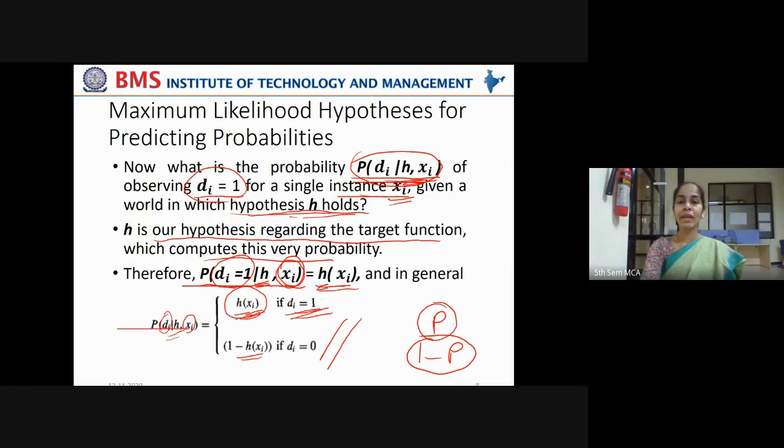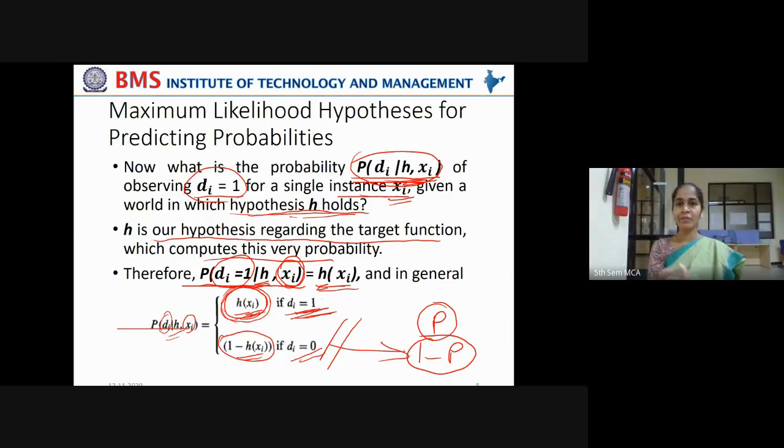In the same way, when that patient is surviving, meaning the outcome is 1, then it is according to the hypothesis h of xi. The training example is according to the hypothesis. So it is h of xi. If the patient is not surviving, then it is not according to the hypothesis. That is 1 minus h of xi. That is according to this explanation. Did you understand now clearly?